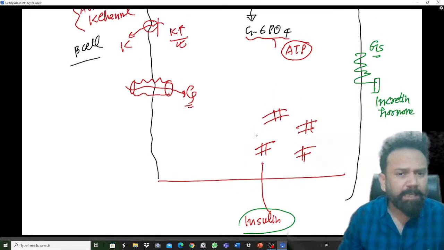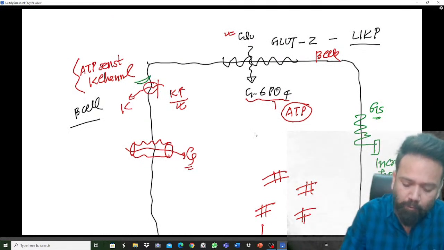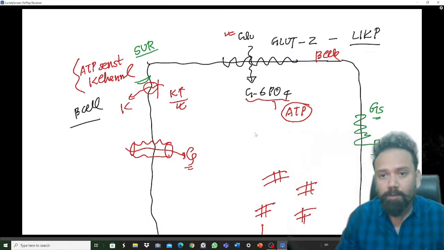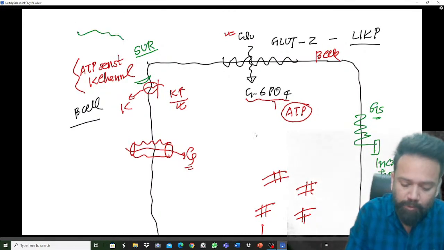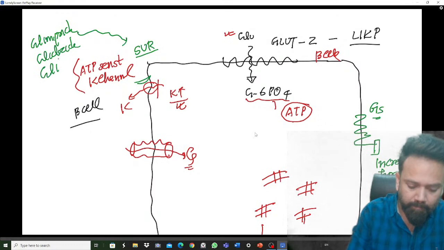Now, this ATP sensitive channel has a receptor for sulfonylurea. This is called the sulfonylurea receptor, SUR. Because all the sulfonylurea drugs like glimepiride, gliclazide, glibenclamide, all these are sulfonylurea drugs.